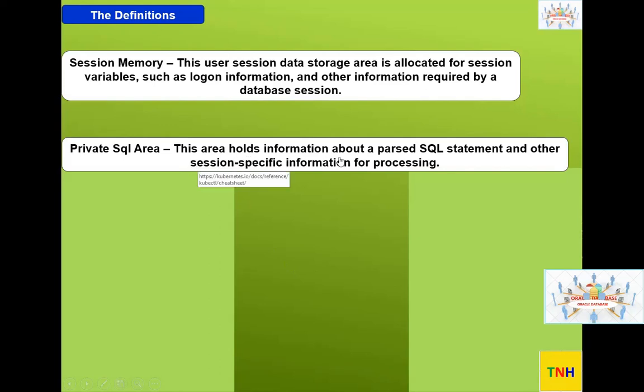This area holds information about past SQL. Earlier I told you, when I explained the library cache, it will hold the execution plans of previously executed SQL statements. To generate the execution plan, the first step is parsing.